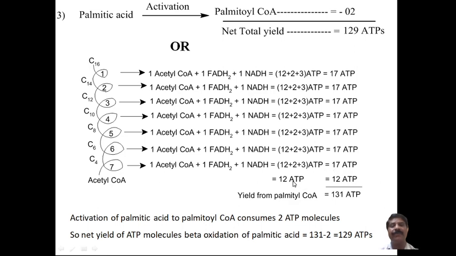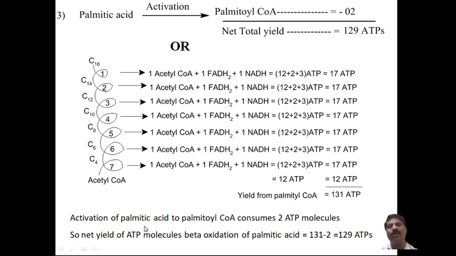And lastly, 12 ATP comes from the citric acid cycle of the final acetyl coenzyme A. So we can calculate 17 into 7, and after adding, almost 131 ATP molecules will form.